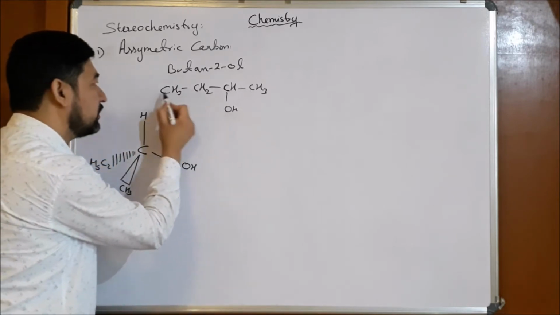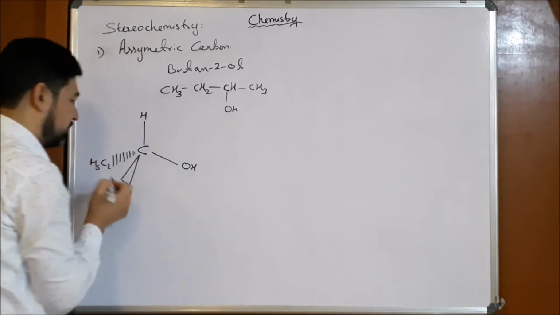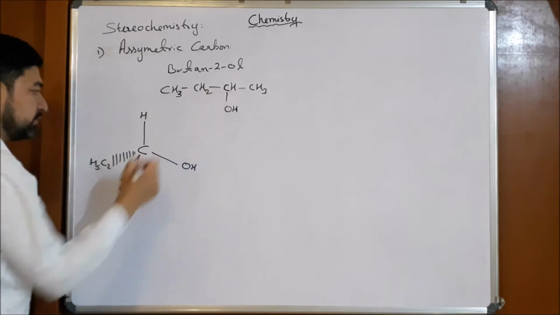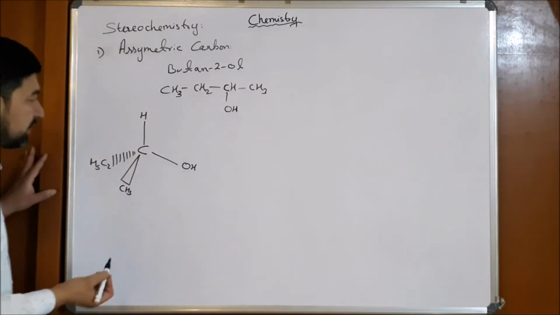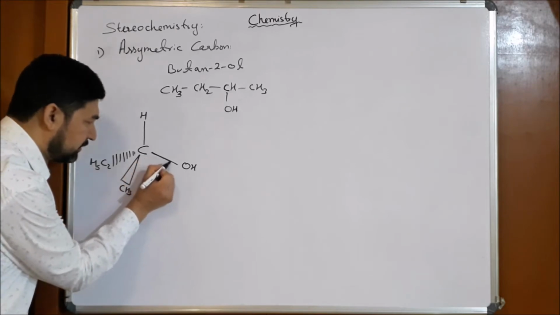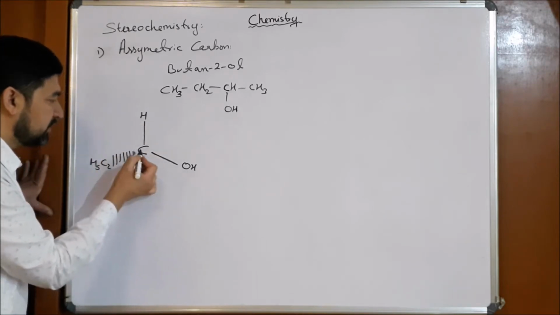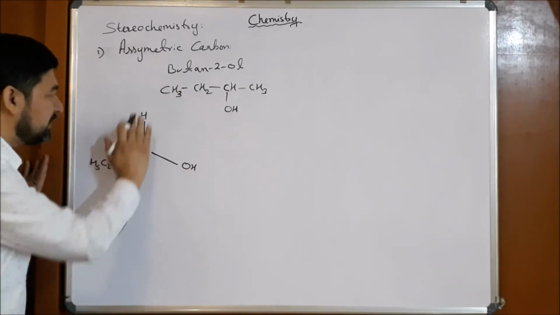C2H5 means 2 carbons, and the total H is 3 plus 2, which is 5. So one is H, another is OH. Remember, in this diagram, the line bond signifies that this OH, C and H are in the same plane. These are the plane of the whiteboard.